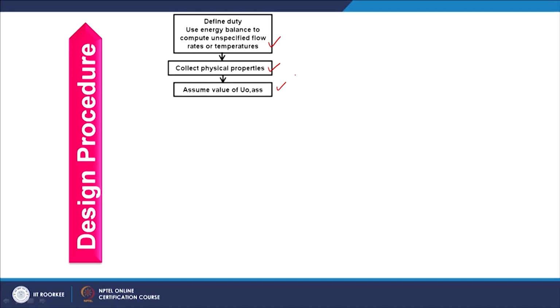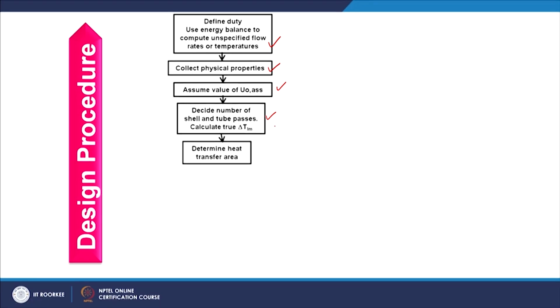Here we have named this U_O,ass, the assumed overall heat transfer coefficient based on the outer surface of the tube. After that we have to decide the number of shell and tube passes and calculate the true LMTD, because you may need to find the F_T correction factor here.